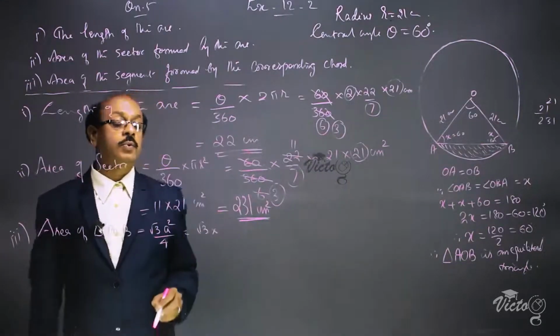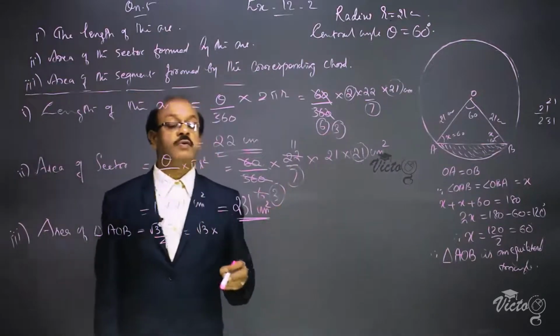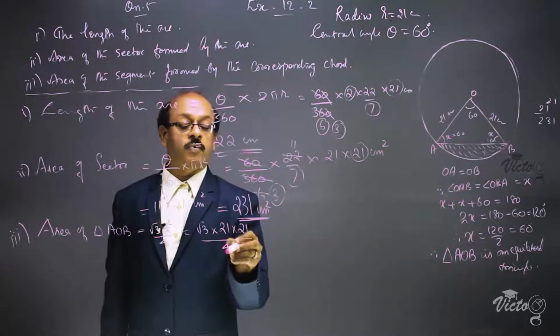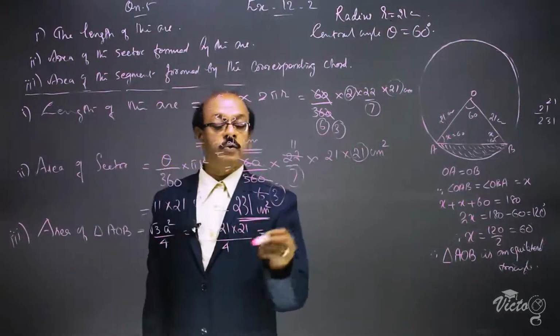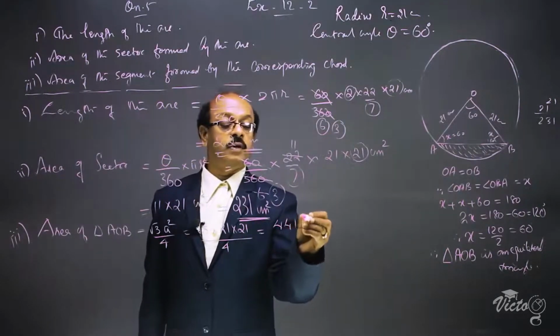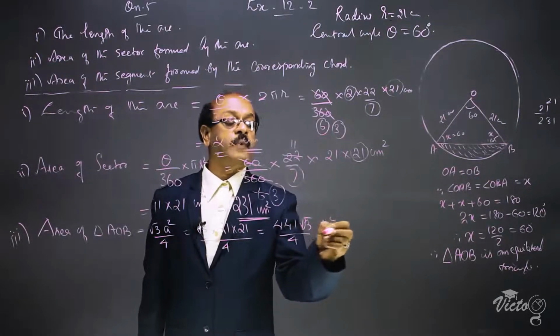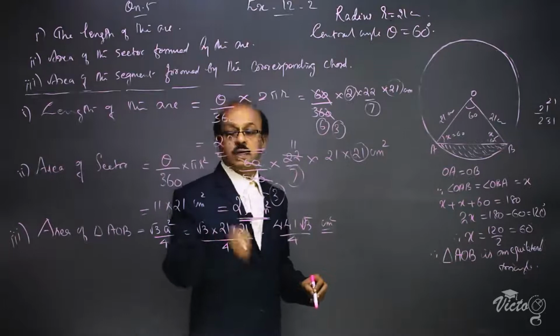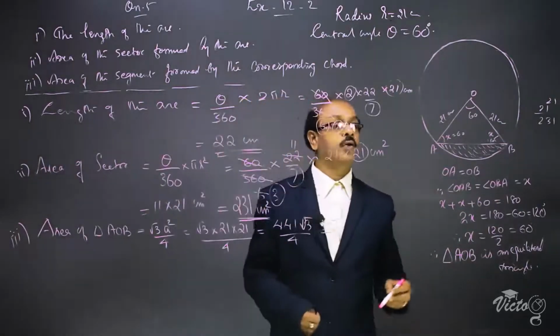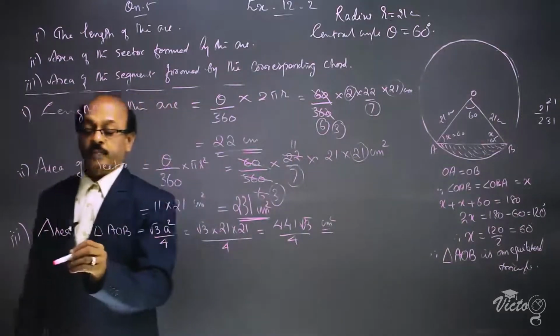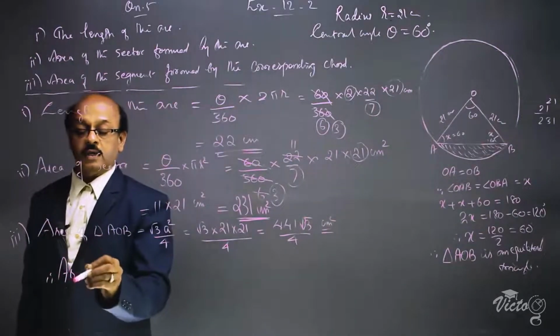A square means 21 square, that is 21 into 21 divided by 4. This is equal to 441 root 3 by 4 centimeter square. Now we have to subtract this area of triangle AOB from the area of the sector AOB. Therefore, we get the area of the segment.